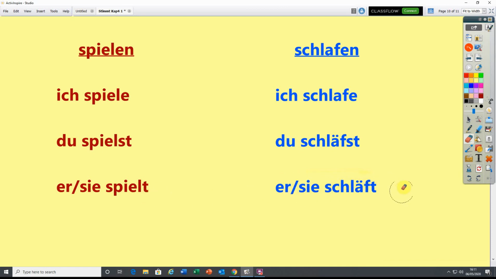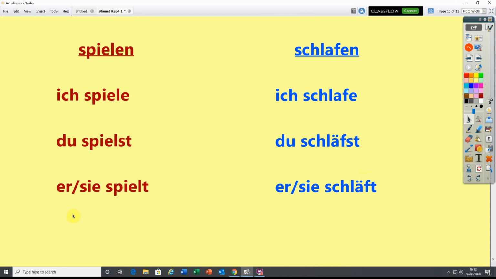It's the letter T. But again, for this verb, the umlaut has been added on the A. Er schläft, he sleeps or is sleeping. Sie schläft, she is sleeping or she sleeps. And es schläft and man schläft and so on. So there are verbs that are irregular in the present tense, and you've seen them before, but the point to note is they are only irregular in the du and the er, sie, es forms.